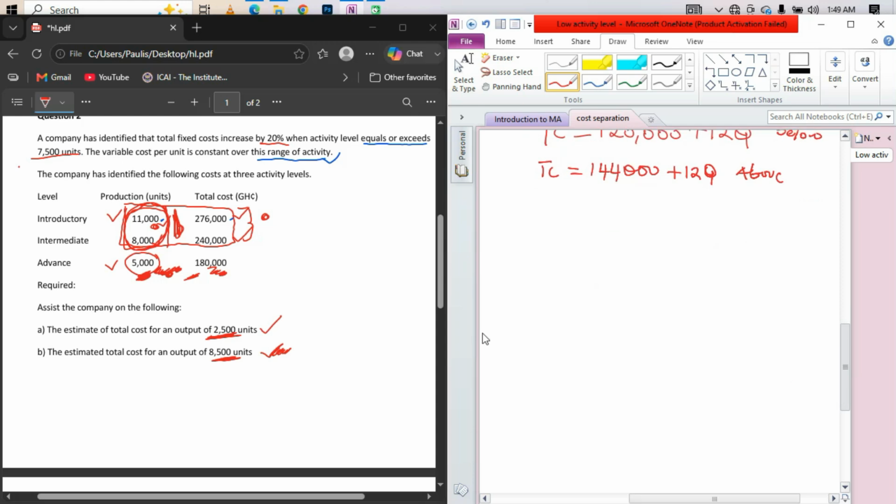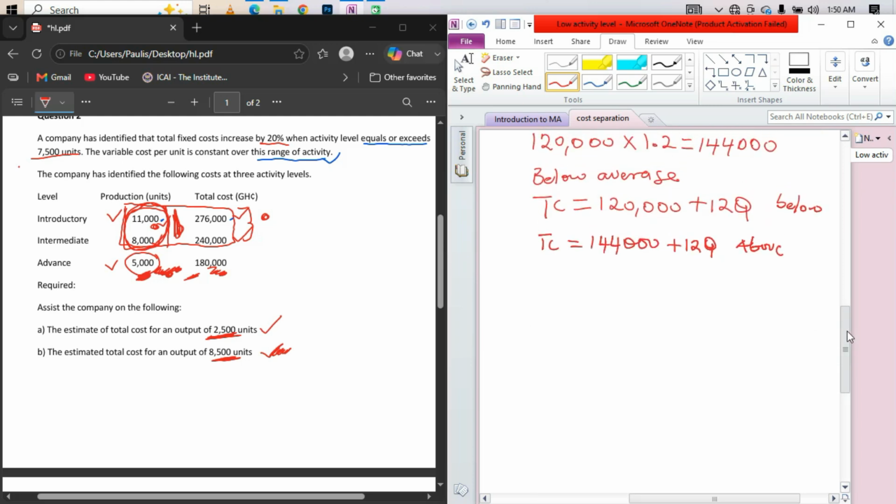They say we should estimate the total cost of output of 2,500. 2,500 is below 7,500. So we are going to use this function. So the total cost should be equal to 120,000 plus 12 times 2,500.